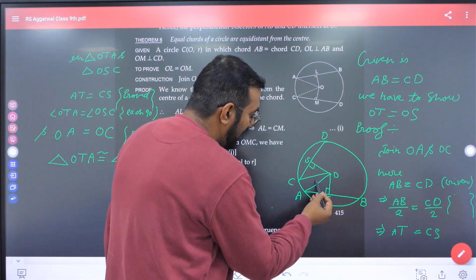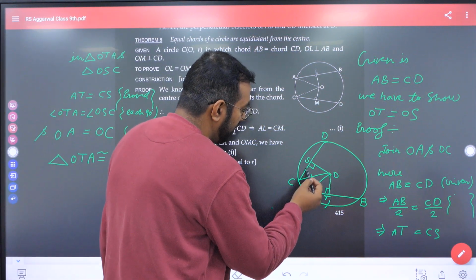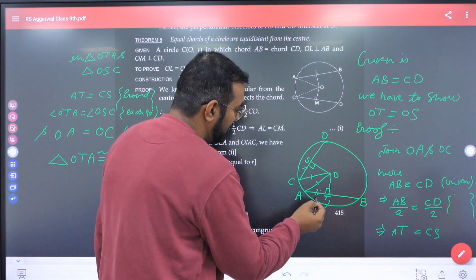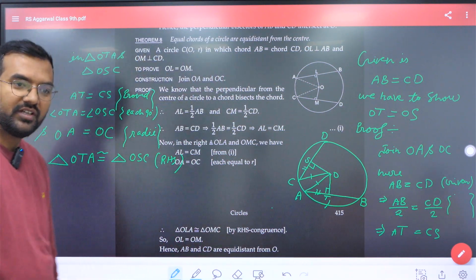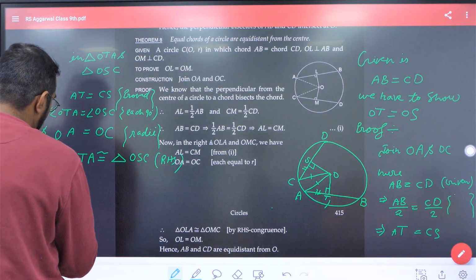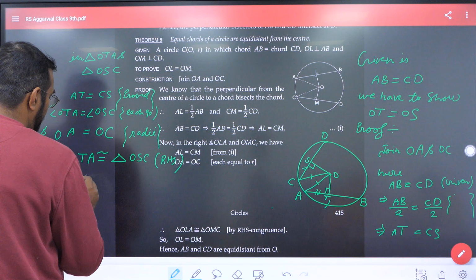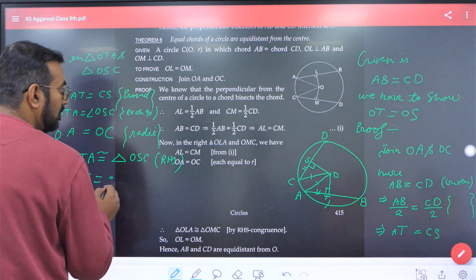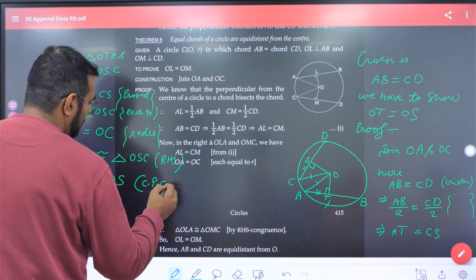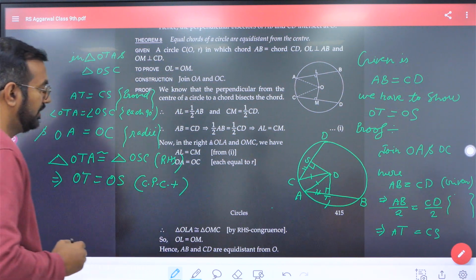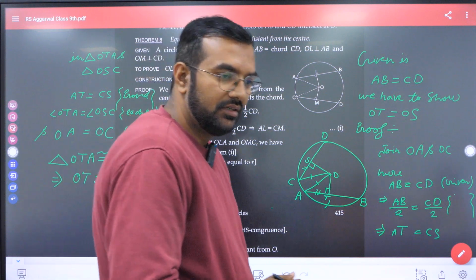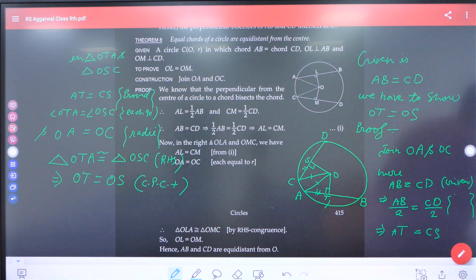Right angle, hypotenuse, and this side. So by CPCT, we can write that OT is equal to OS, right? CPCT. Okay. So this is proved, right? Note it down, beta.